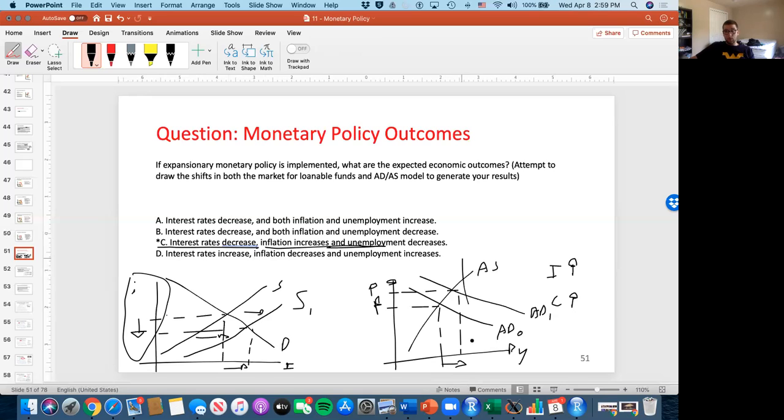If you put the long run aggregate supply, and you're moving closer to the potential GDP, what is going to happen to unemployment? If the gap decreases, we're going to have less unemployment. So unemployment is going to decrease. So C would be the right answer. It's that simple. You just have to do two graphs to understand this overall dynamic.